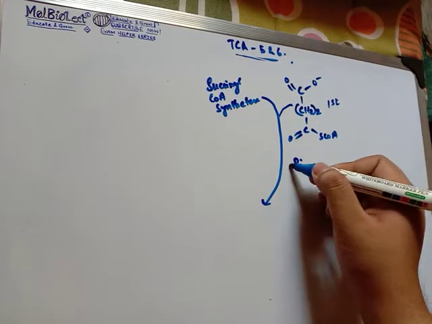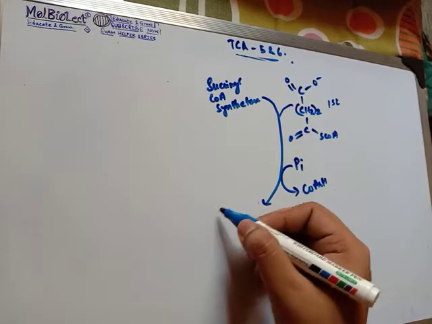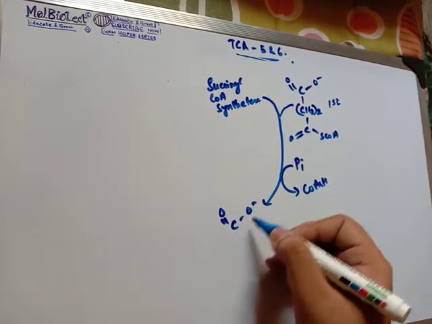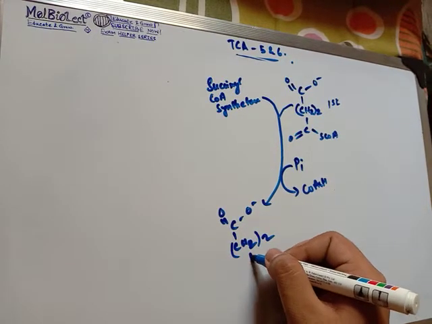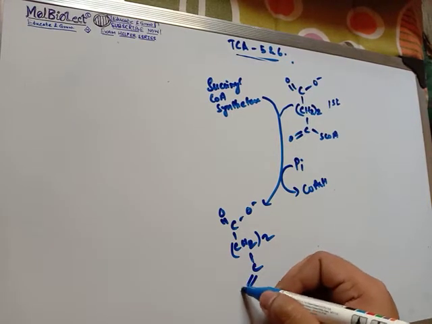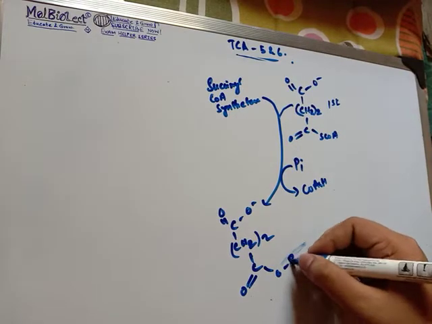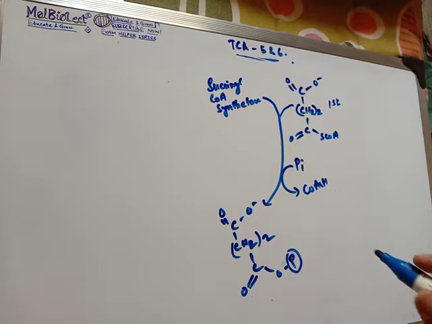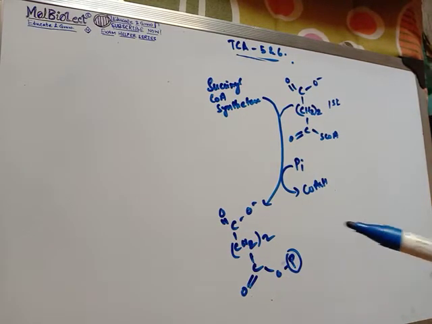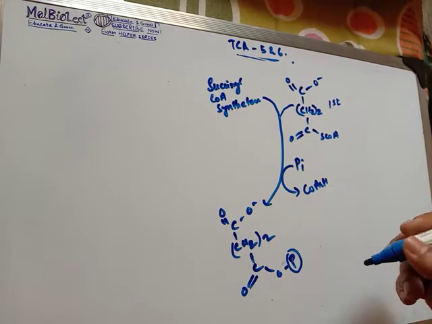There is incorporation of Pi, inorganic phosphate, in this step, and there is a removal of coenzyme A. So essentially we are getting our first product over here, which is succinate, CH2 CH2 C double bond O, and it is tied up to the phosphate. So this inorganic phosphate first of all binds to this succinate. Any kind of name for this intermediate, I don't know, phosphorylated succinate, something like that we can call.